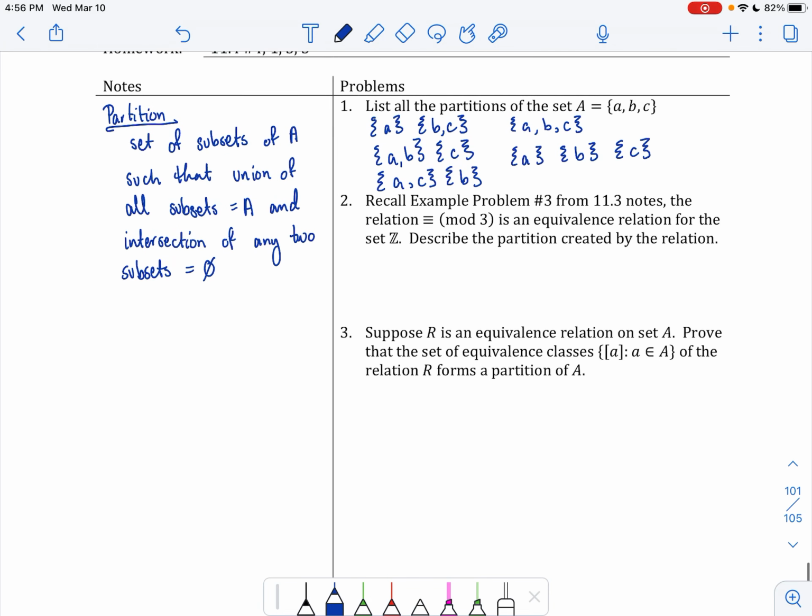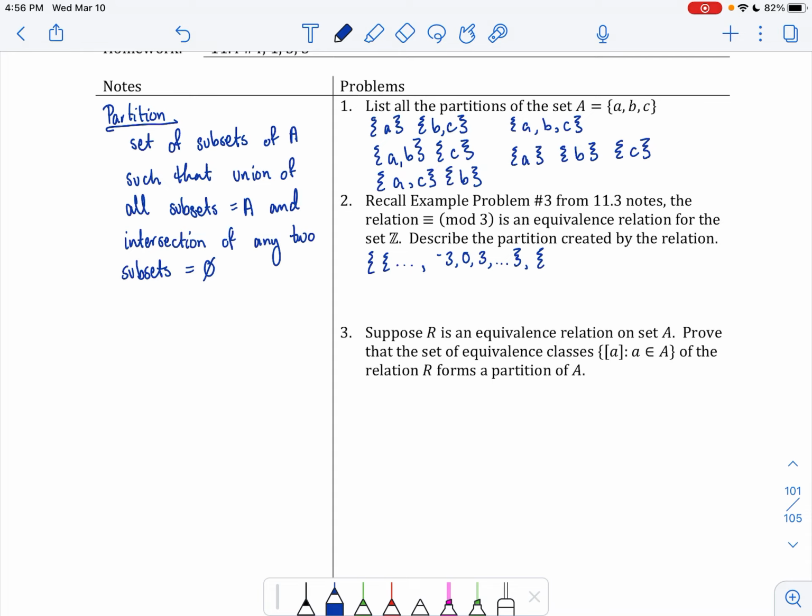Now, recall from problem number 3, which we looked at last week, from the 11.3 notes, the relation equivalent in mod 3 is an equivalence relation. Describe the partition created by that. So the partition was ... We had -3, 0, 3, and so on.